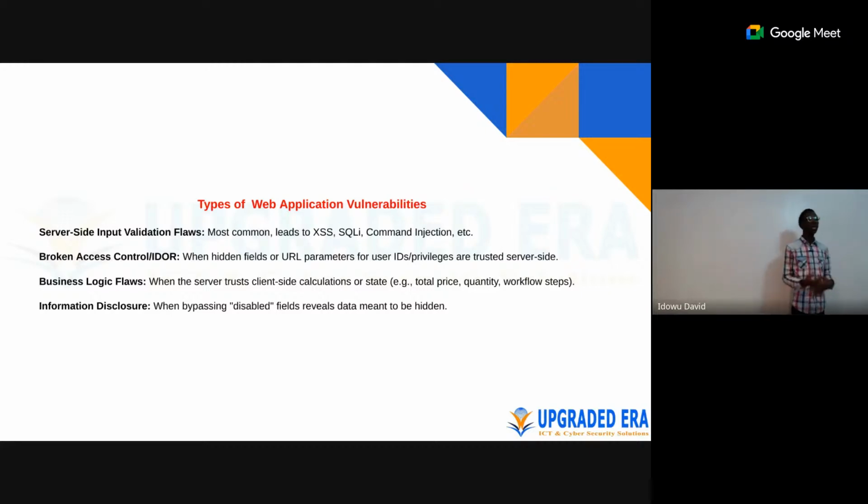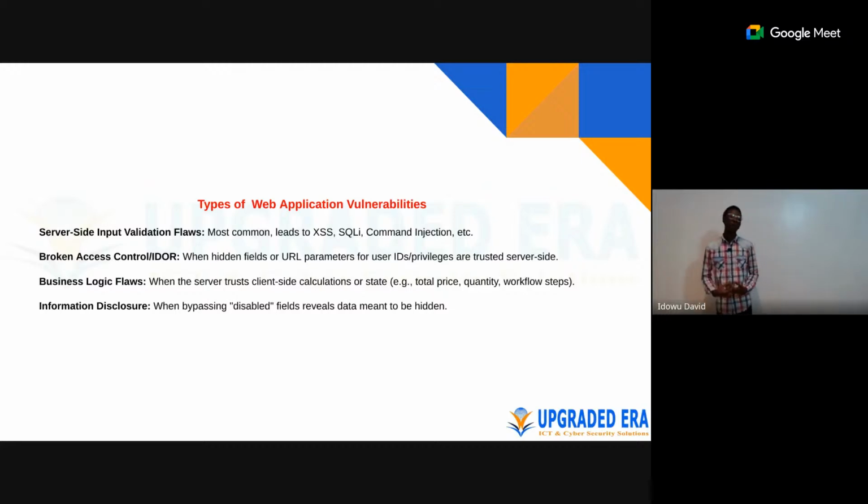Change my user ID from user ID 1 to user ID 2, in a situation where the server trusts that kind of request, not necessarily authenticating where the request is coming from. But remember, we have something called session IDs. So the way it's supposed to work is the session ID is supposed to match the user ID. Does that make sense? Yeah.